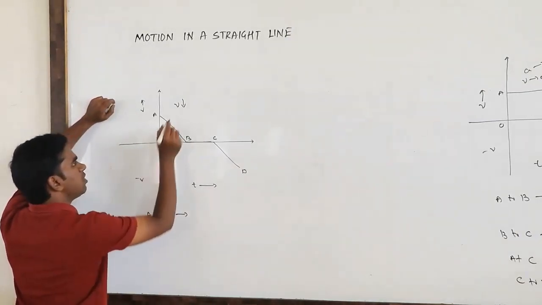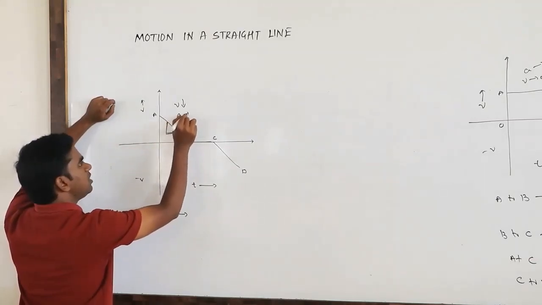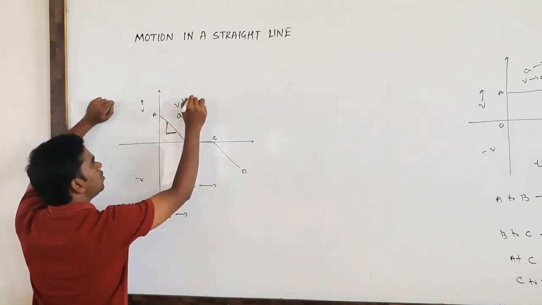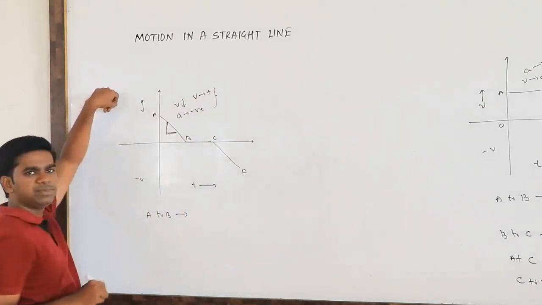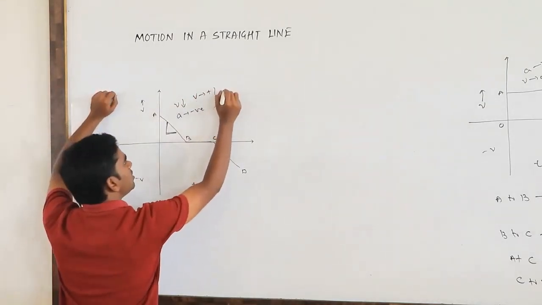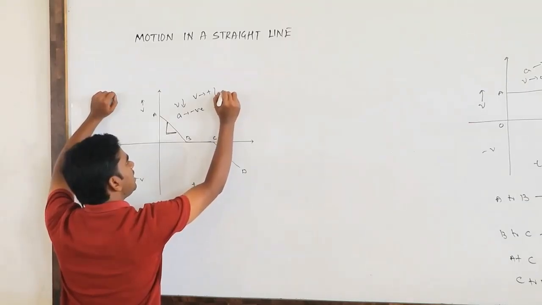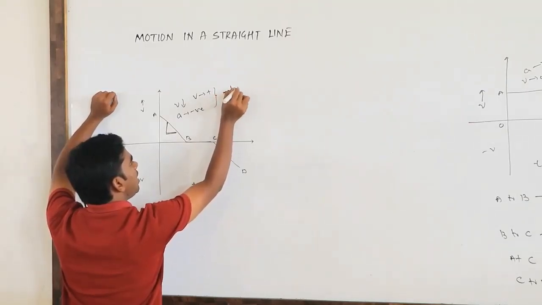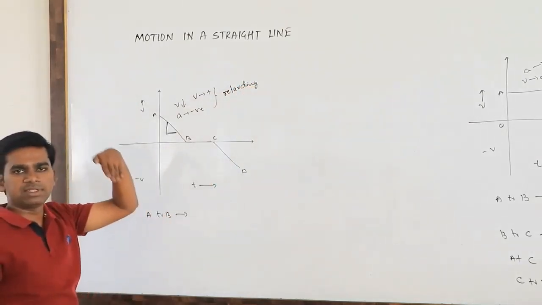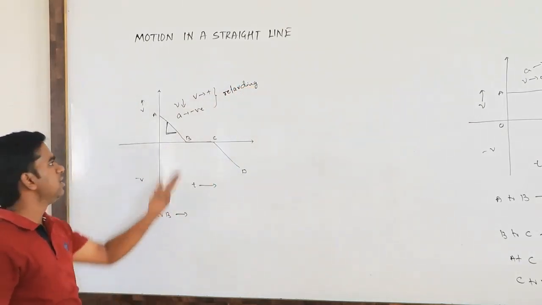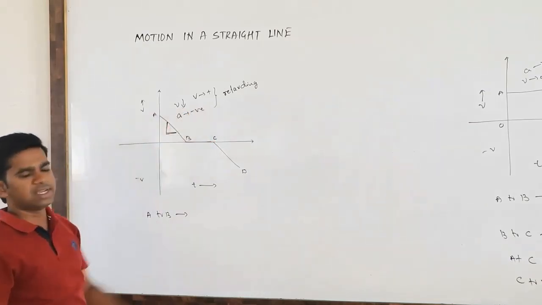Negative. So A is negative. So V is positive, A is negative. Opposite signs means velocity is decreasing, so it is de-accelerating or retarding. It is slowing down.